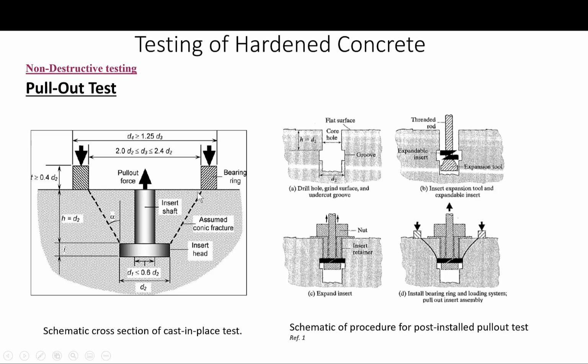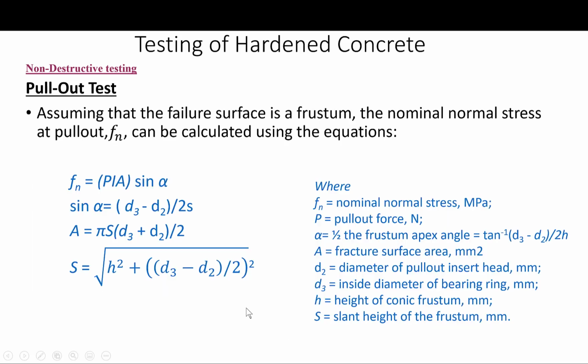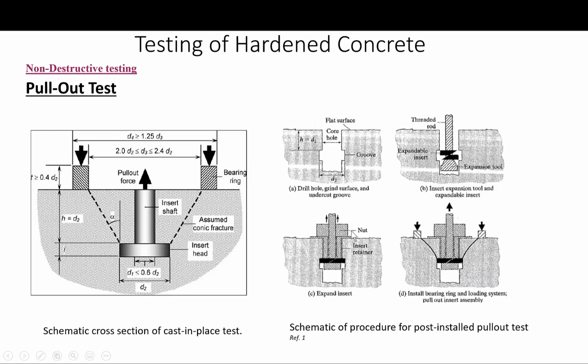These values are all defined here, so you refer to this graph. D3 is the inside diameter of the bearing rim, right here. This is the bearing ring right here.